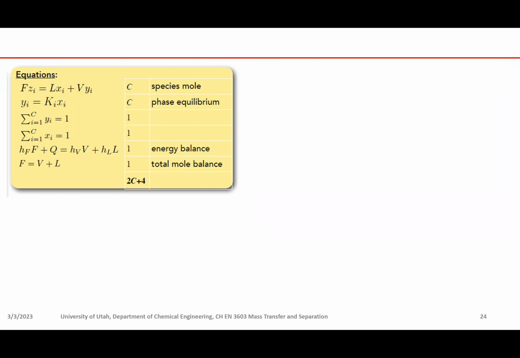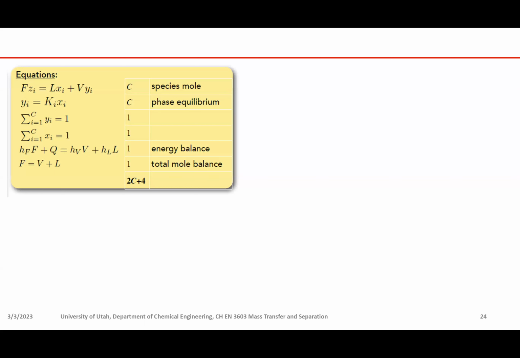In the Q line example, we reduce the number of variables to only 2, which is Y and X. And then we can just plot the Q line on the XY diagram, right? Then graphically that helps us to find the solution by finding the intercept of the Q line with the equilibrium line.